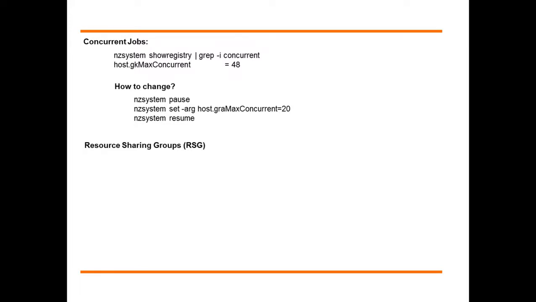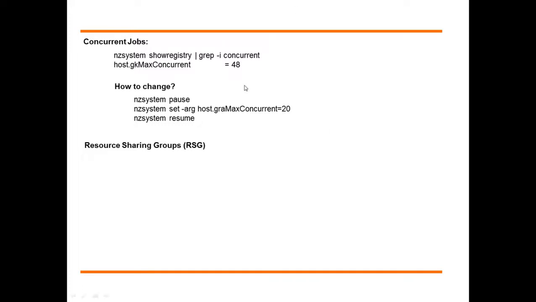So how can I change that parameter? This is a parameter given by default by the Netezza system, so we need to be very careful before we change it. When I say it's 48, the 48 will share all the available resources. What are the available resources? You have disk, memory, and CPU cycles.